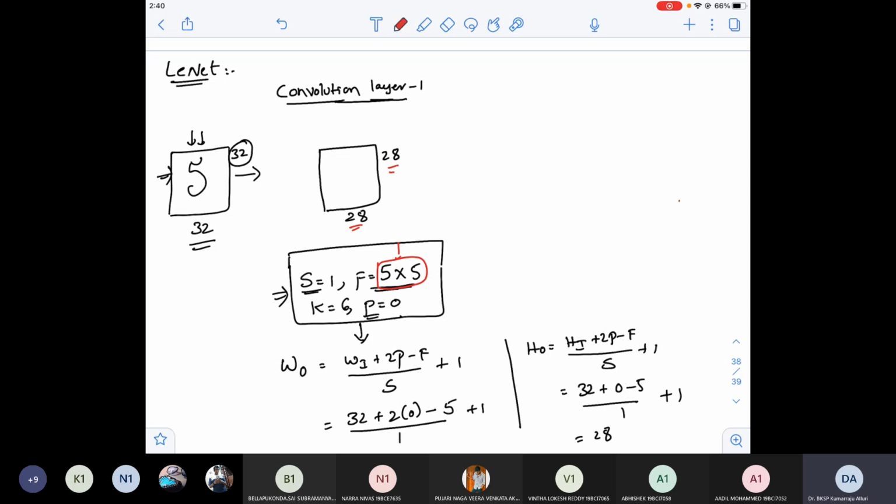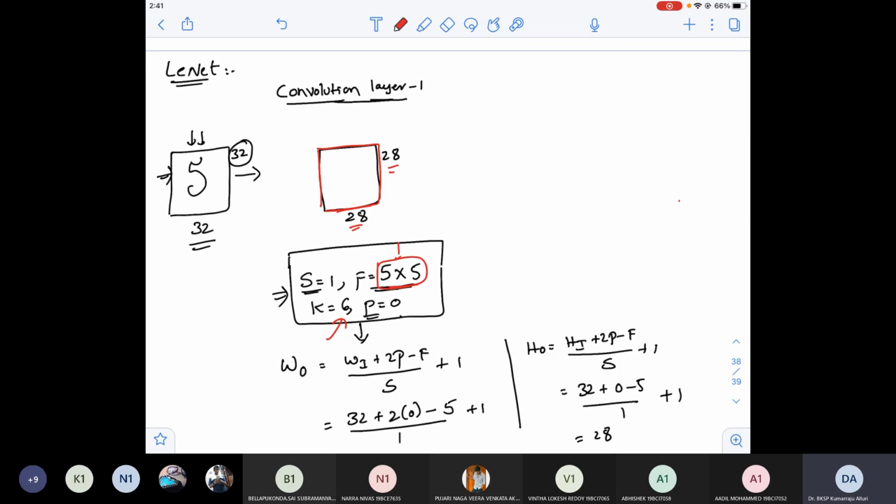Okay, perfect. Now, would I get only one frame of 28 by 28? No. How many filters do I have? 6 filters. For every filter I apply, I get a 2D frame. That's what I discussed in the last class. Now, I apply one more filter, also of the same size 5 by 5.